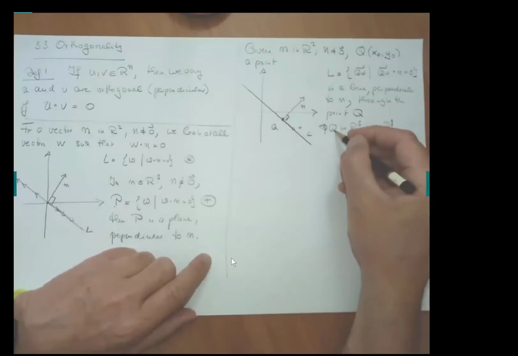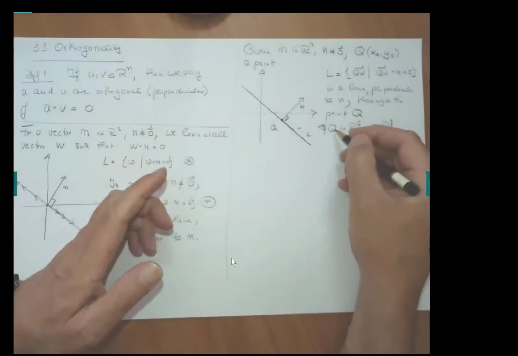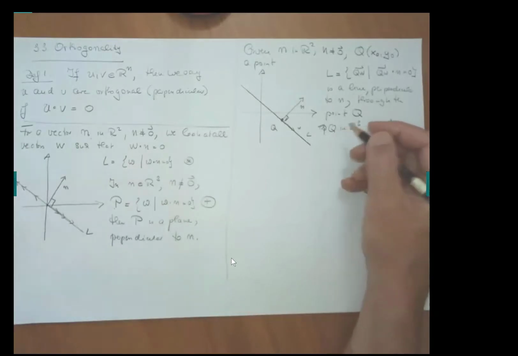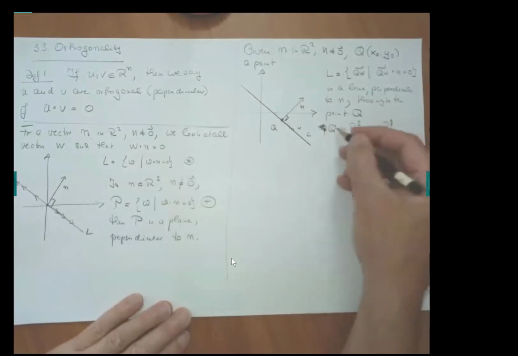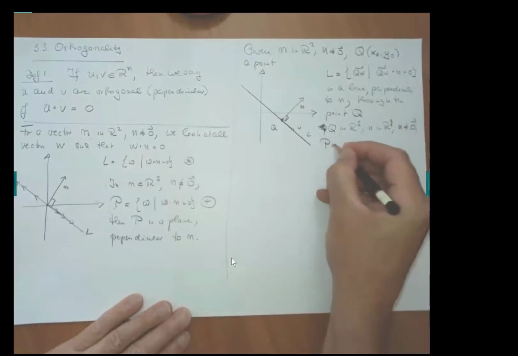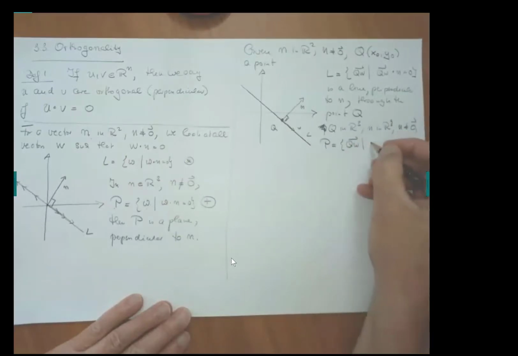But you can always identify a point with a vector, at least for our purpose, because a point is always given by a vector from the origin to the point. So for us, it's actually not a big thing to mix this up. In general, it is. And then P is all W such that QW times n is equal to 0.